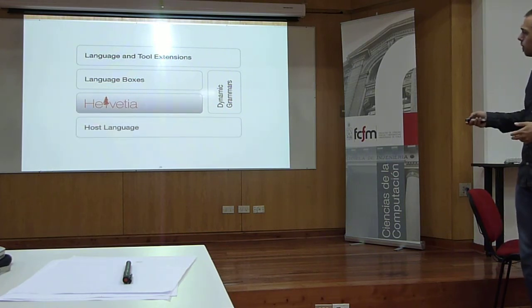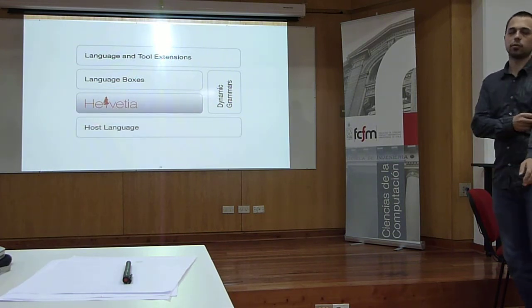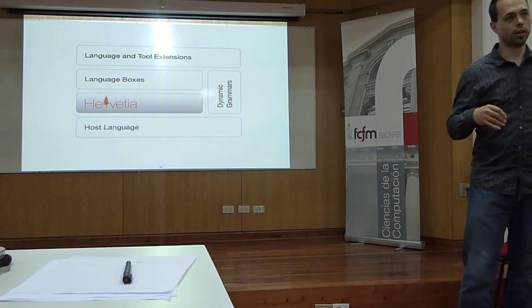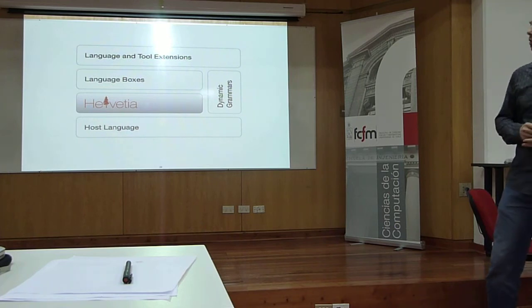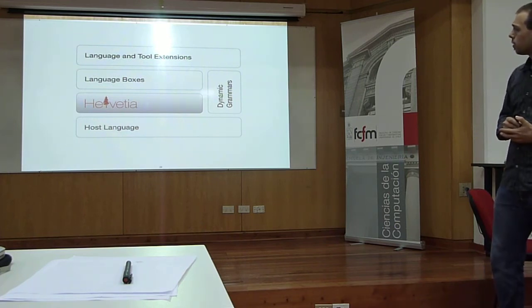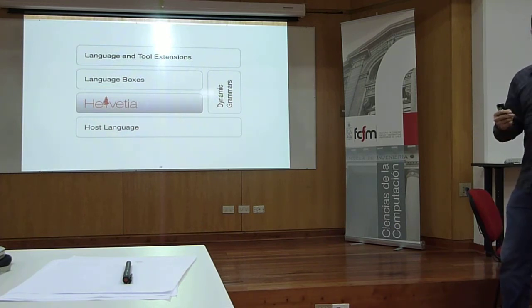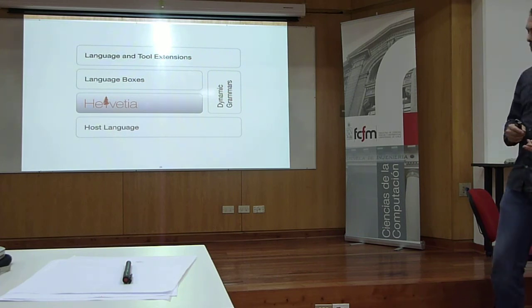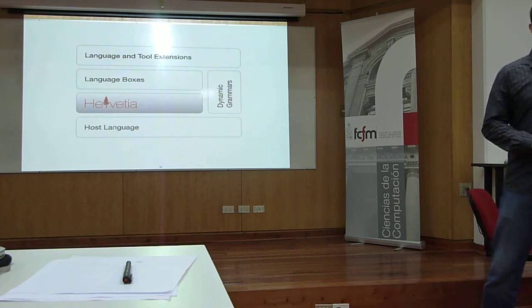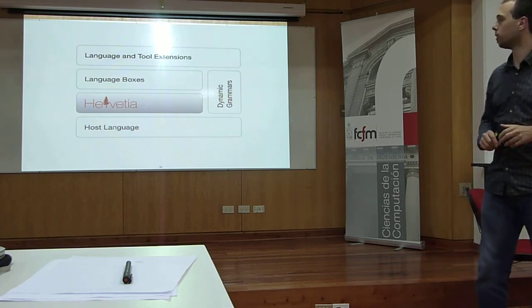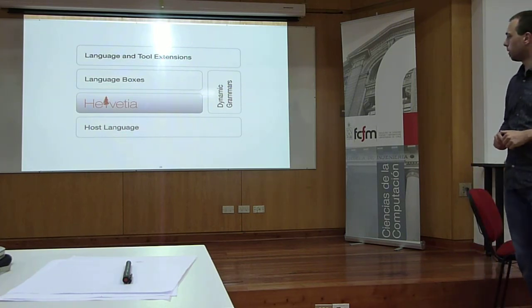Directly above the host language is the Helvetia layer, which essentially provides the hooks into the host system to enable these language and tool extensions. On top of the Helvetia core system, we implemented language boxes, which is a mechanism for modular language extensions, and we will have a look at that in the second part of the presentation.